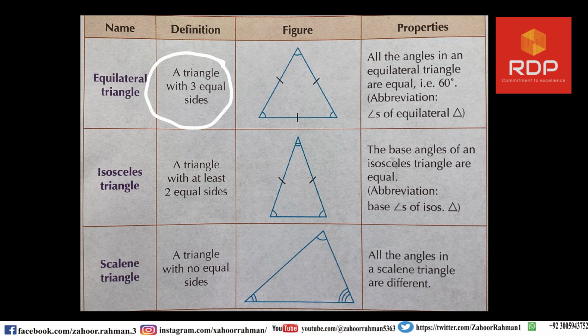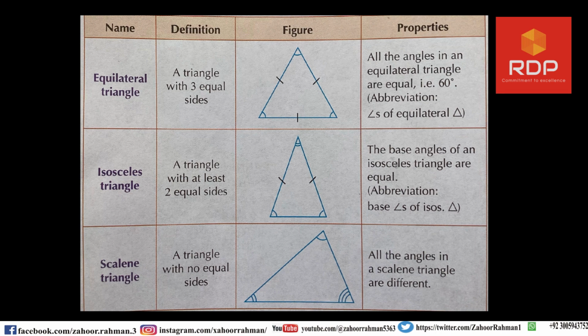This is the definition. Similarly, we have the shape, and these three small lines indicate that all the sides are equal.